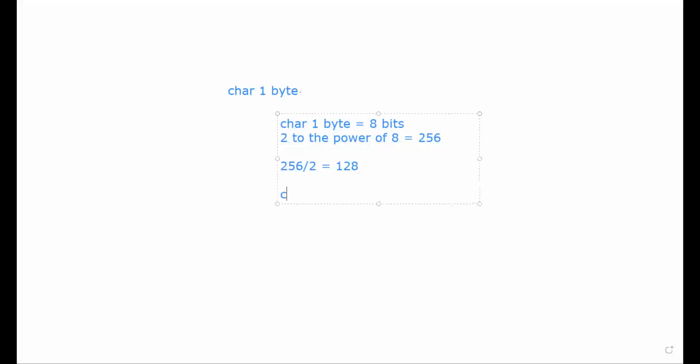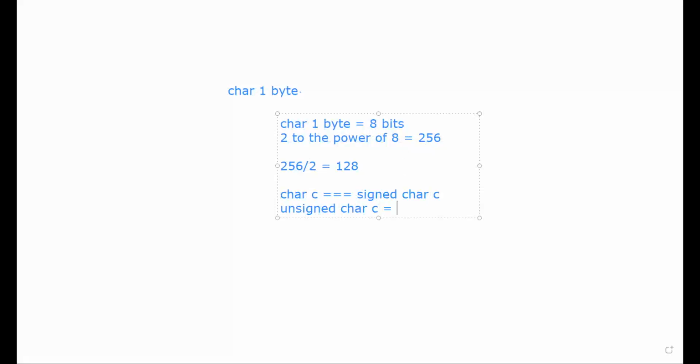Since you write only char C, this means signed char C. And if you want to mention unsigned, only positive numbers, then it should be unsigned char C. So unsigned char C means 1 byte, 8 bits, 2 to the power 8, 256.